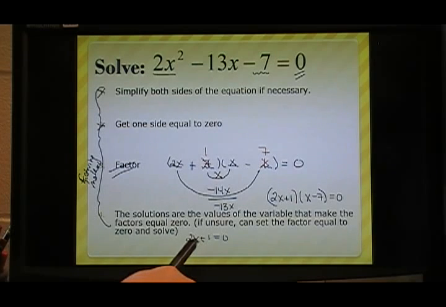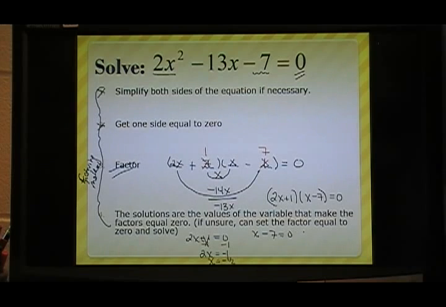This is just a linear equation, so I just isolate the variable. I would subtract 1 from both sides. So I have 2x equals negative 1, and divide both sides by 2, and I would get that negative 1/2 is a solution.